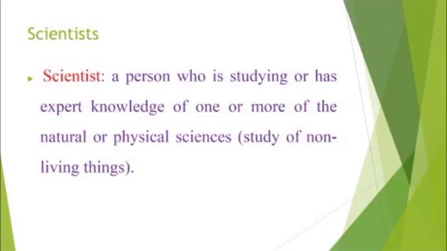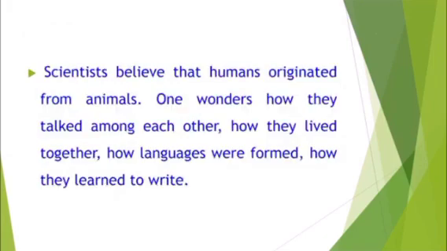Next, let's see about scientist. Scientist, a person who is studying or has expert knowledge of one or more of the natural or physical sciences. Here, physical sciences means study of non-living things. Scientists believe that humans originated from animals.